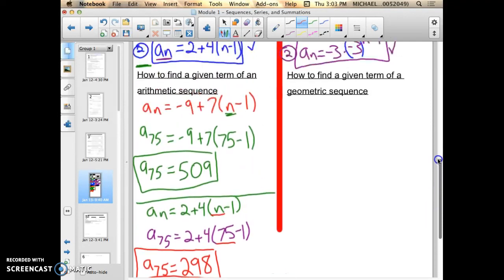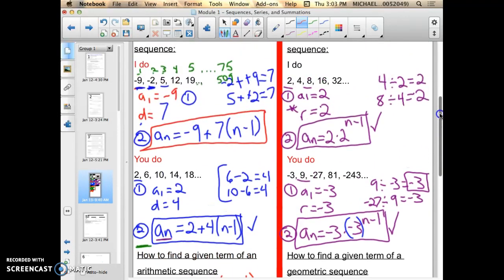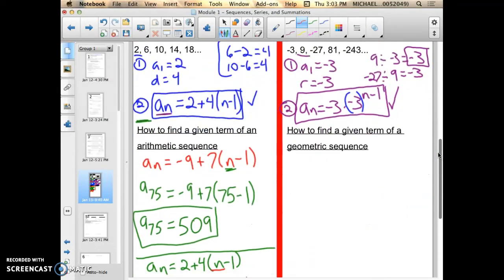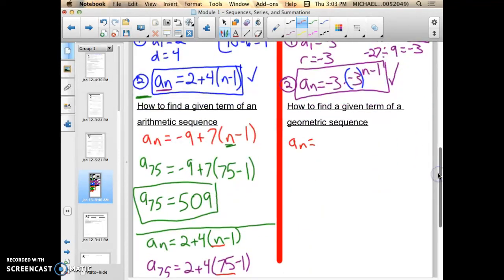Now, one more thing, I want to look at the I do of how to find a given term if given a geometric sequence. I'm going to write a sub n equals my problem, which is 2 times 2 raised to the n minus 1.